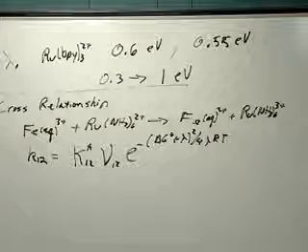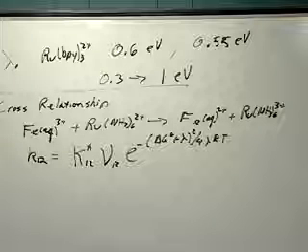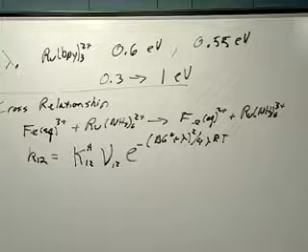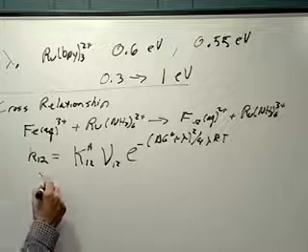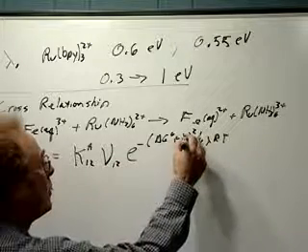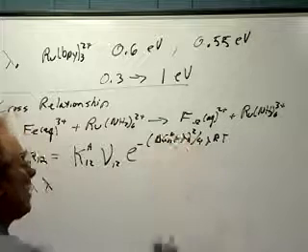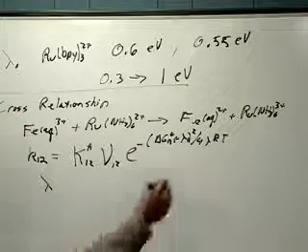That's the Marcus expression that we got a while ago. This is lambda 1,2, and this is delta G 1,2.